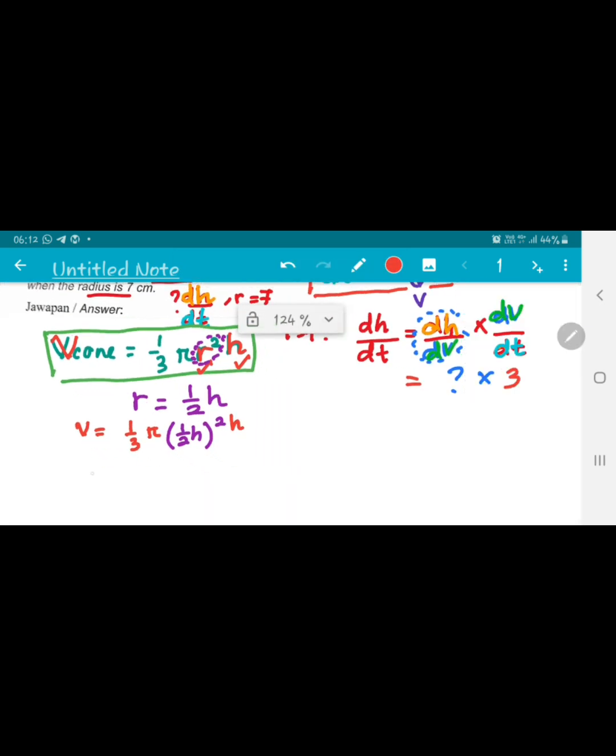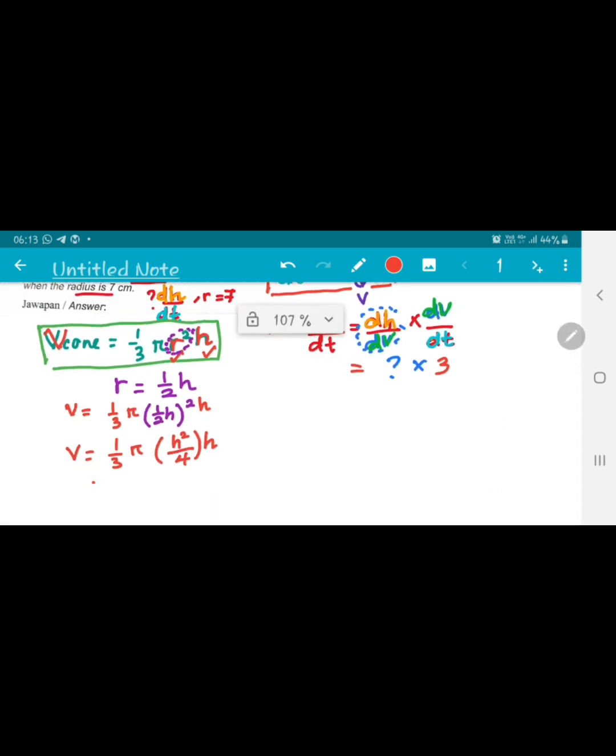Then kita simplify. Kita dapat 1/3 pi, h squared over 4, times h. So finally jadi 1/12 pi h squared times h becomes h cubed.